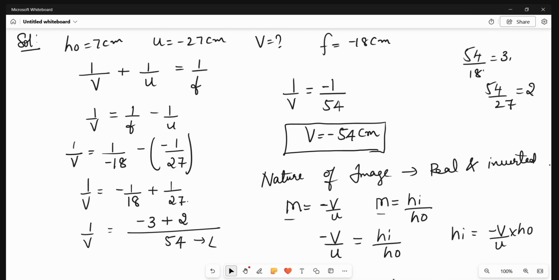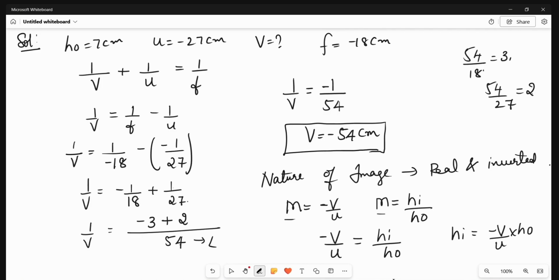Understood, no? So for magnification, we can use two formulas: one is minus v by u, the other is hi by h naught. They are the same.